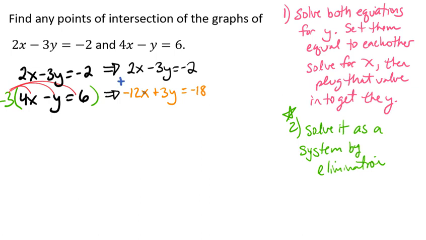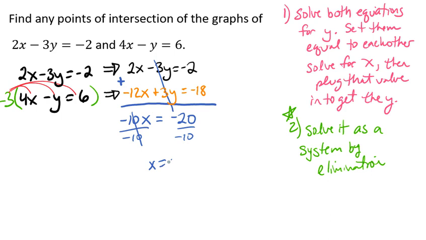Then I will combine those together, and that will give negative 10x, the y's will go away, equals negative 20, and then I'll solve from here. So I will divide both sides by negative 10 and get x equals 2.